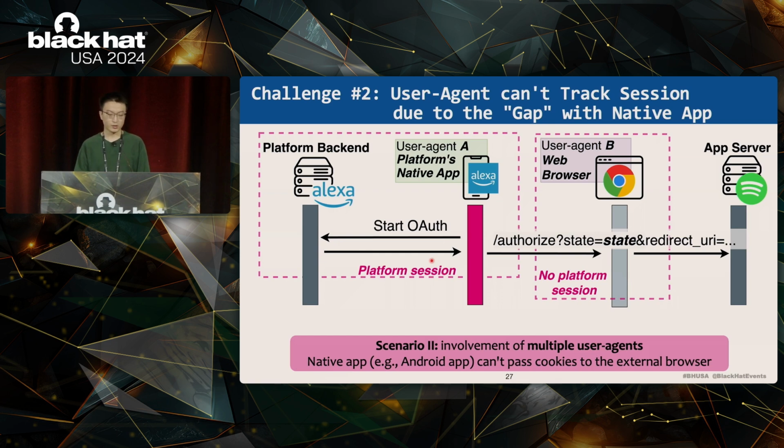The external browser has no information about the platform session in the native app, because there's no easy way to pass a session or cookie from the native app to the browser, for example, from an Android mobile app to the Android system browser. So here we have two user agents which will break the session tracking.